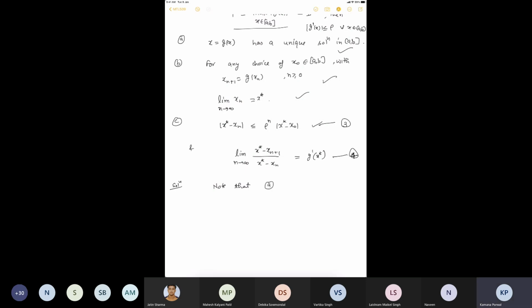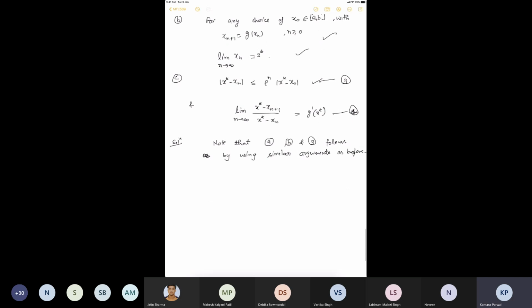So note that A, B, and 3 follow by using similar arguments as before. Let's try to observe whether we have 4 also or not.